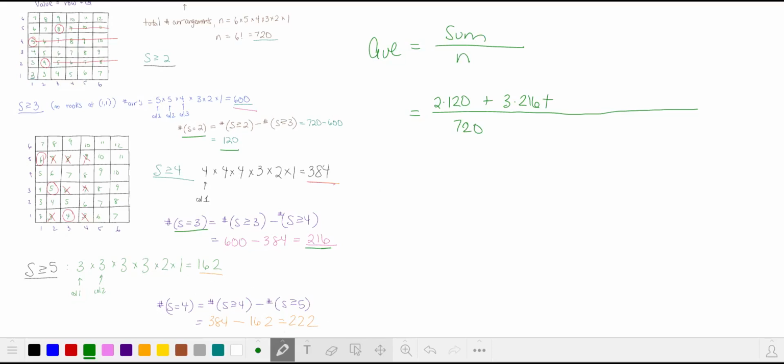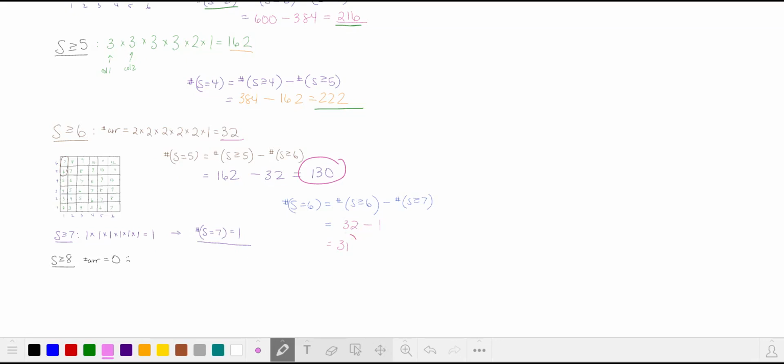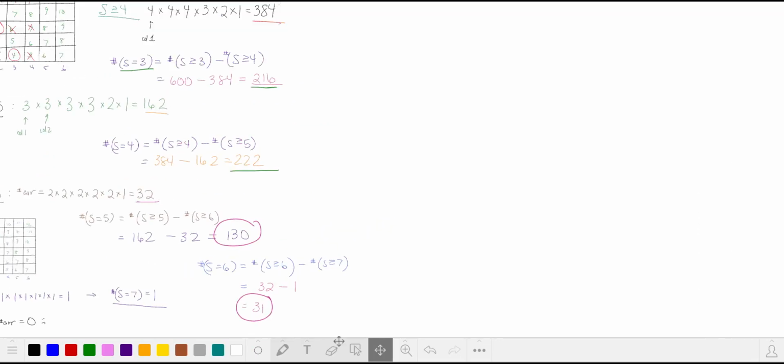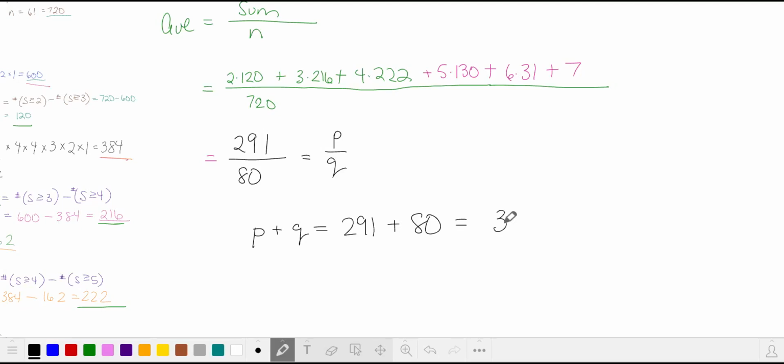A score of 4 will appear 222 times in our numerator. Score of 5 will occur 130 times, and a score of 6 will occur 31 times, and a score of 7 occurs once. Adding the numerator and simplifying gives us a fraction of 291 over 80. The problem asks for the sum of P and Q, and our answer is 371.